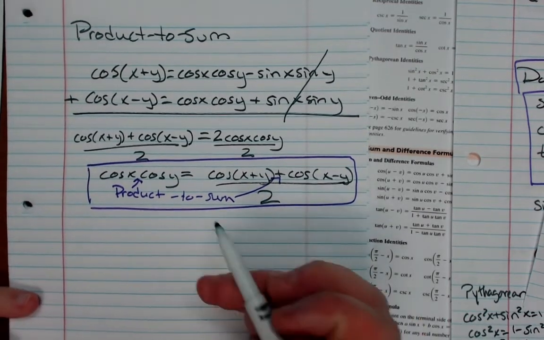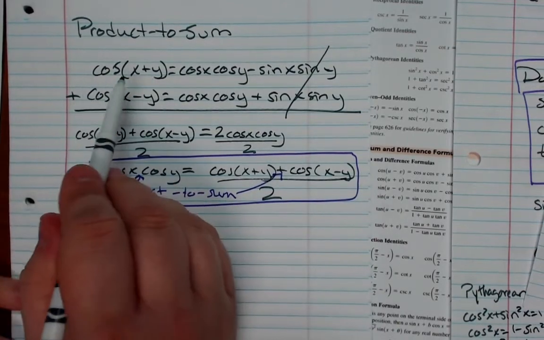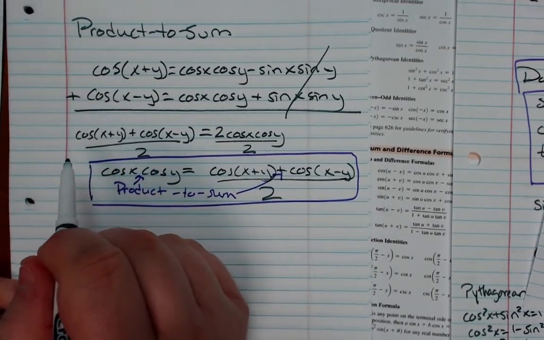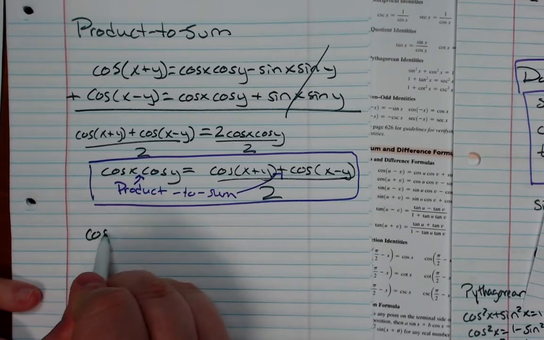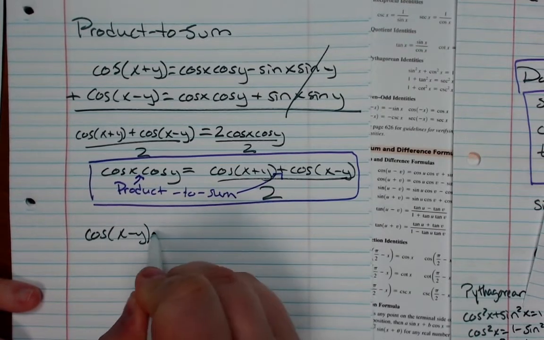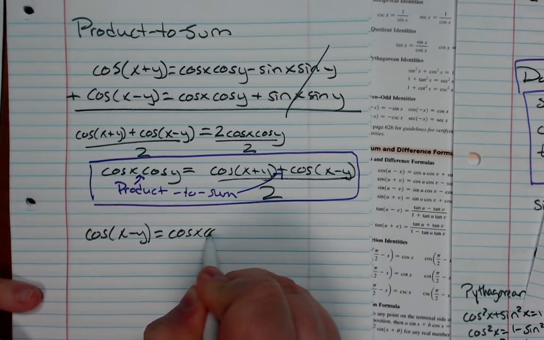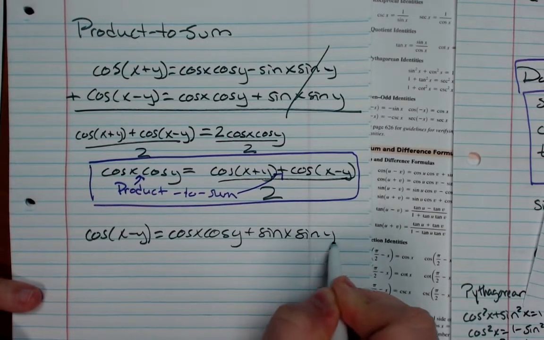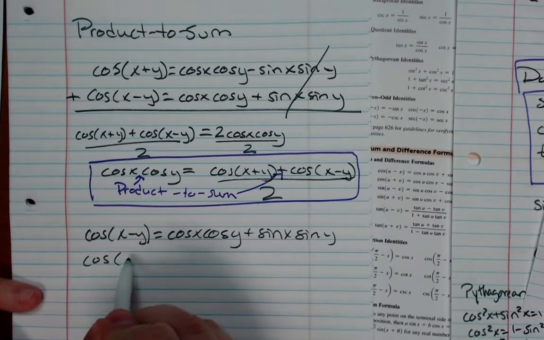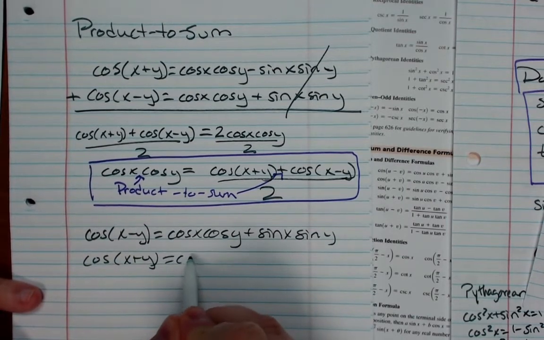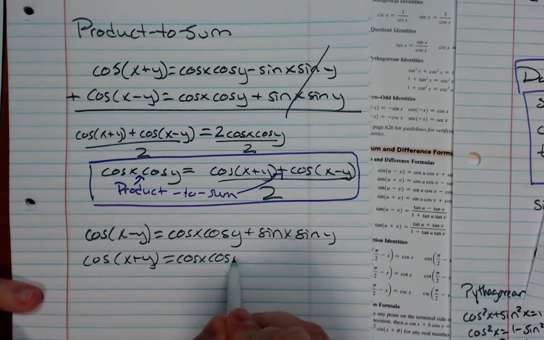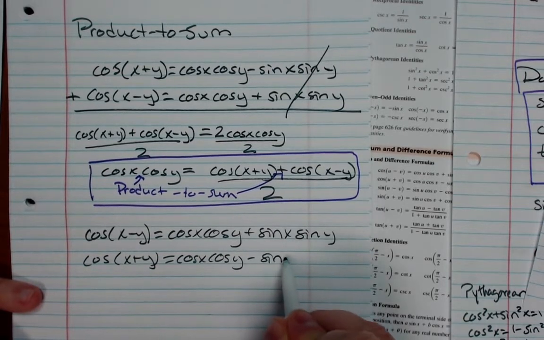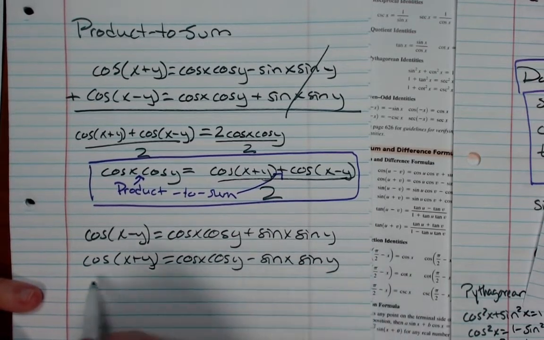Our second, instead of adding these two, I'm going to subtract them. So I'll do cos x minus y equals cos x cos y plus sine x sine y. Cos x plus y is cos x cos y minus sine x sine y.